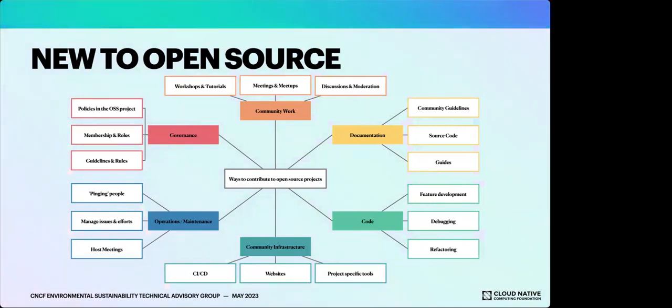Our focus is more on writing guidance and documentation, community work, governance, and some operations things. So this is our main focus: that we collaborate with the projects, that we build standards, that we talk at conferences, and that we keep the discussion going about what cloud native sustainability is.